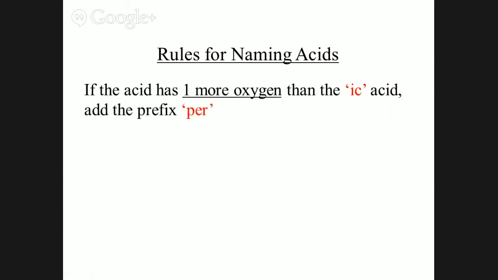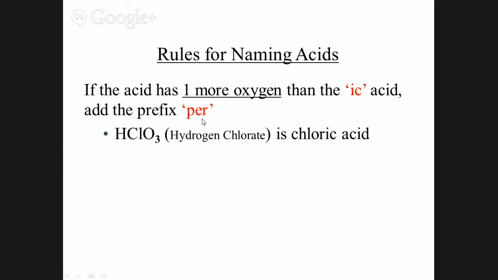There are a couple on the list that have additional rules. Sometimes the acid has one more oxygen even than the "ic" type name. We have to add an extra prefix of "per". So for instance, HClO3, the H, that's hydrogen. The ClO3, that's a chlorate ion.